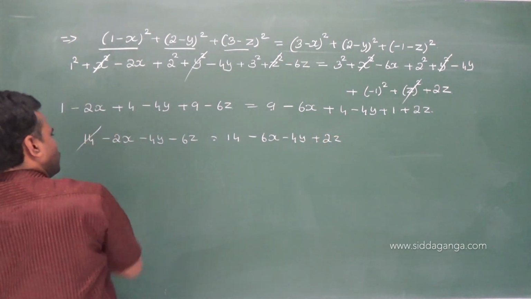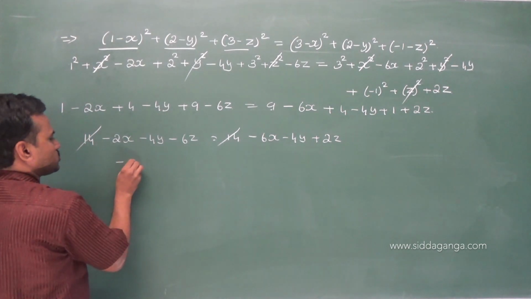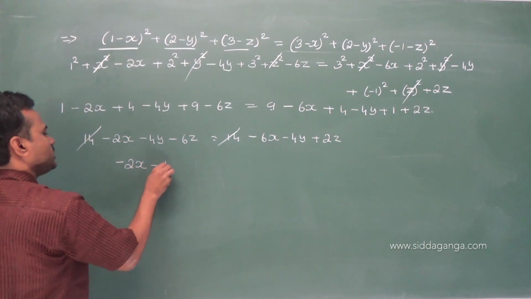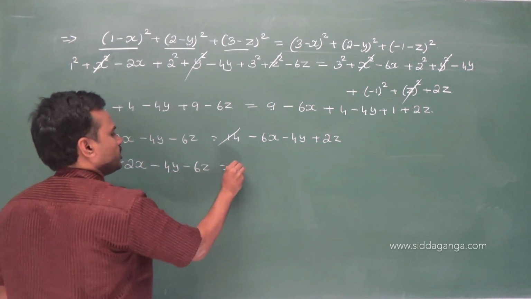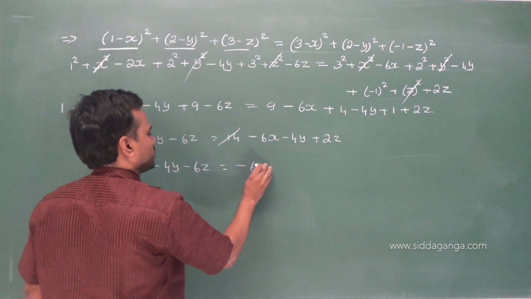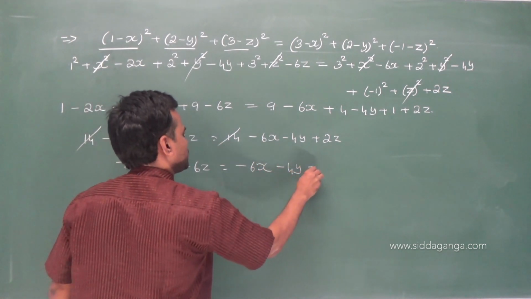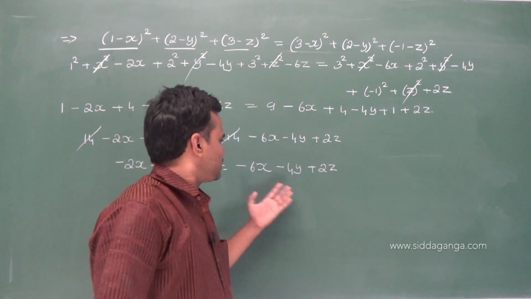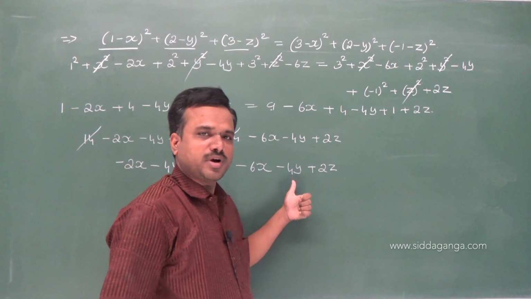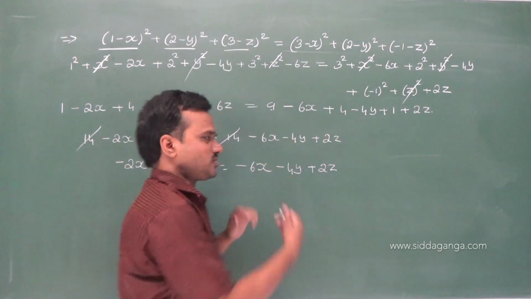Both sides 14 get cancelled. So minus 2x minus 4y minus 6z is equal to minus 6x minus 4y plus 2z. We shifted all these values, minus 6x minus 4y plus 2z, from right side to left side.